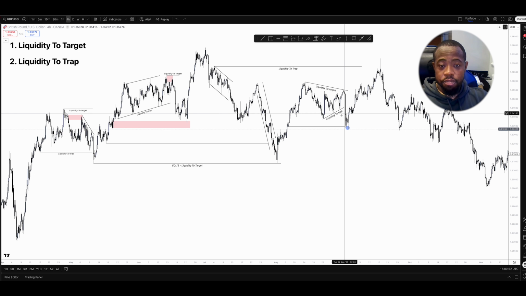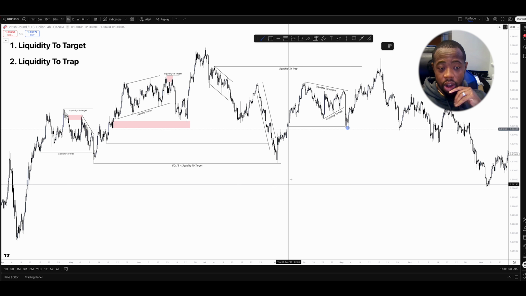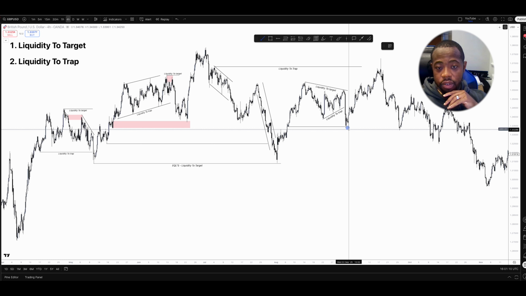And where would we target? Yes, the liquidity to target up here, and also the liquidity up here to trap on the higher time frame, but it's just our liquidity target for the buyers. All right. And what price is doing at that same time, of course, we've got our equal lows to target, but we've also got a nice channel, which are nice structural points.